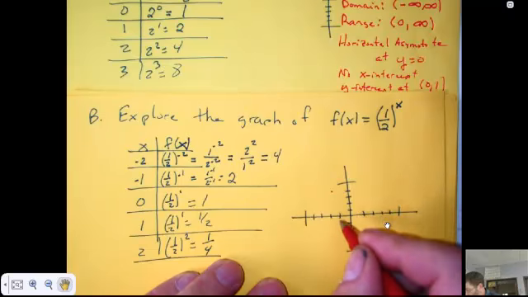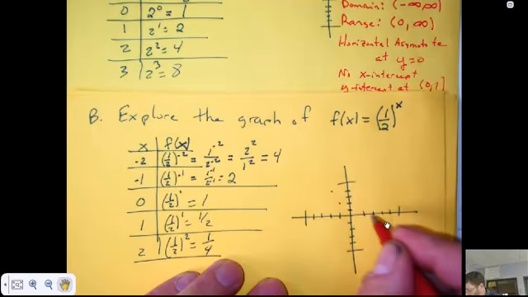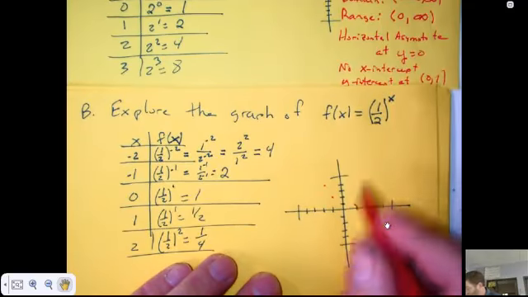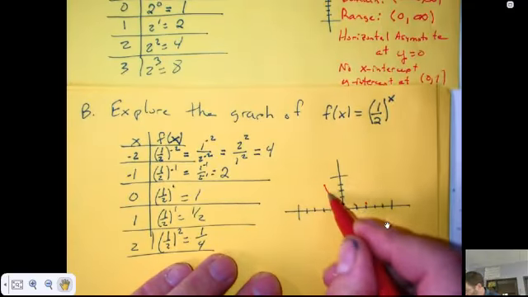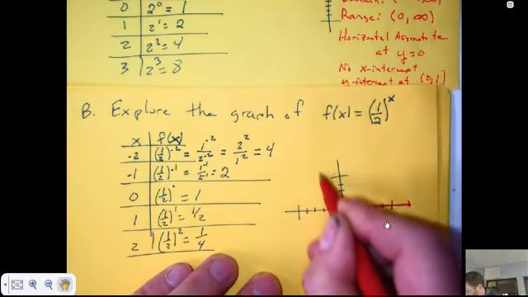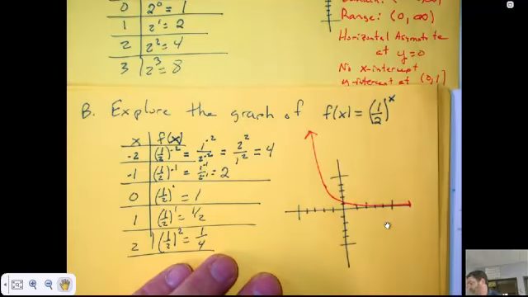Negative 1 is at 2. 0 is 1. Then it's a half and a fourth. So you get a graph like this. If you imagine connecting this, it's going to continue to get lower, lower, lower. And it's going to go up like this.